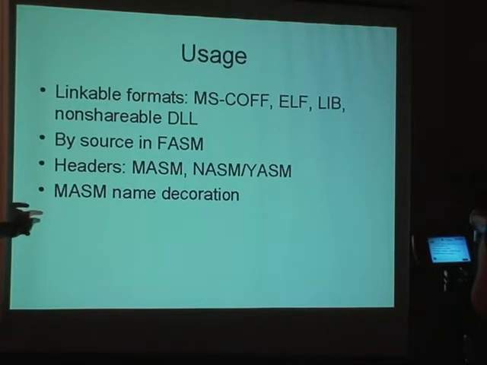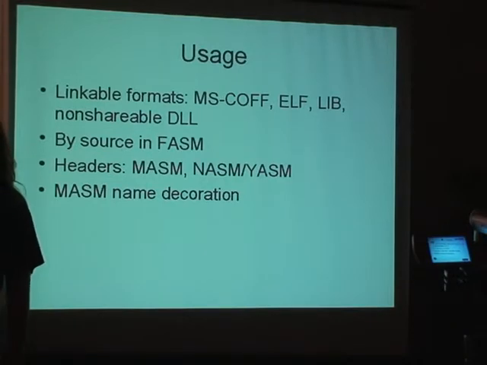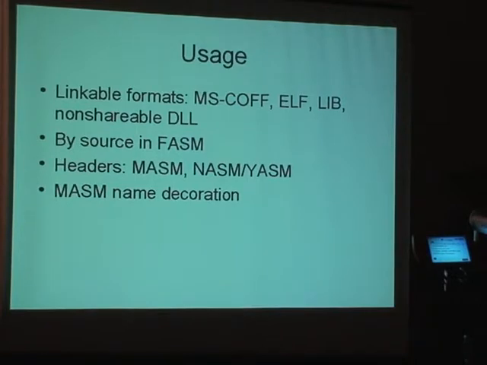I provide two versions, one with names decorated as they are in FASM, that is name of module dot name of procedure. But I also provide a version with MASM name decoration, that is underscore. All dots in names are translated to underscores because they are not valid in MASM and other assemblers. And also there is the @ sign and the sum of argument sizes. So it's all MASM name decorations generally.